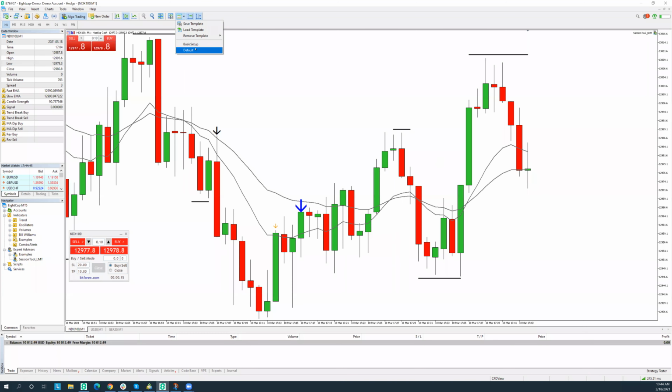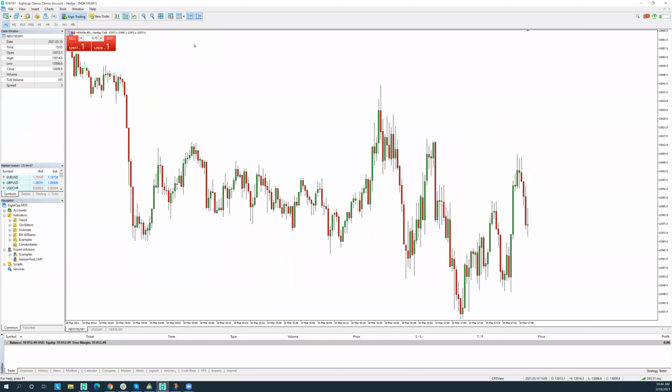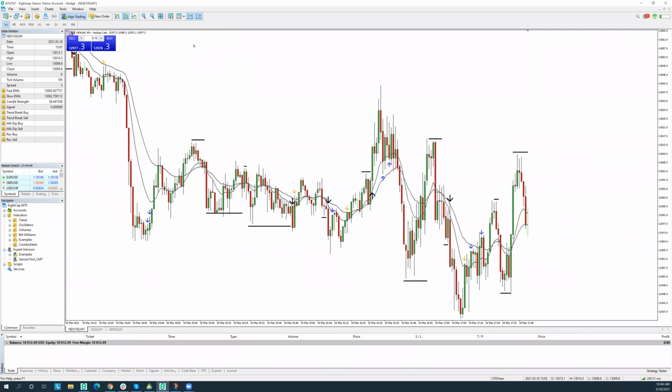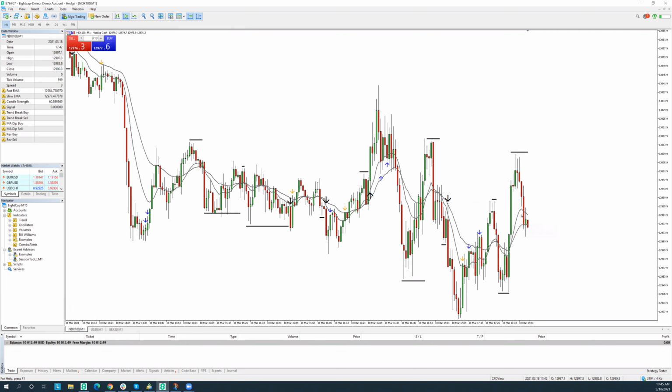Basic setup. Wonder why it's not showing me. This should be showing me the buy arrow. I don't know why the buy arrow isn't coming up here. I think there's some kind of a funky little bug here.